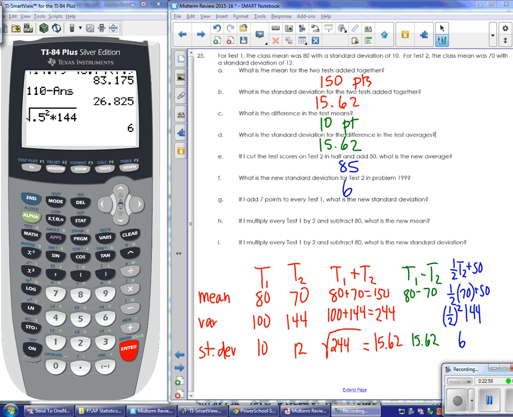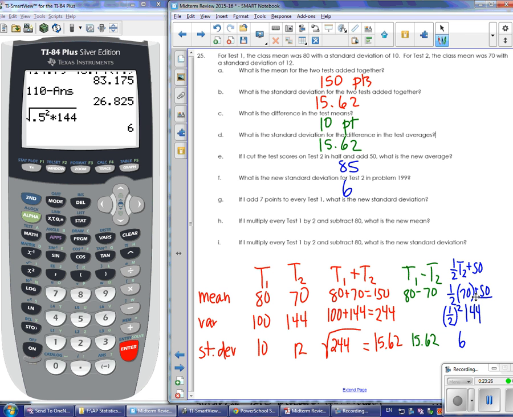Okay, let me make one other additional comment about the standard deviation, the variance in letter F. Notice that I did 1/2 squared times the variance, but I didn't add the 50. That's because, remember, with your spread, adding and subtracting a number isn't going to change the distance between your values. So the spread doesn't change when all of your values increase by 50. So that's why we don't worry about adding that to the variance.